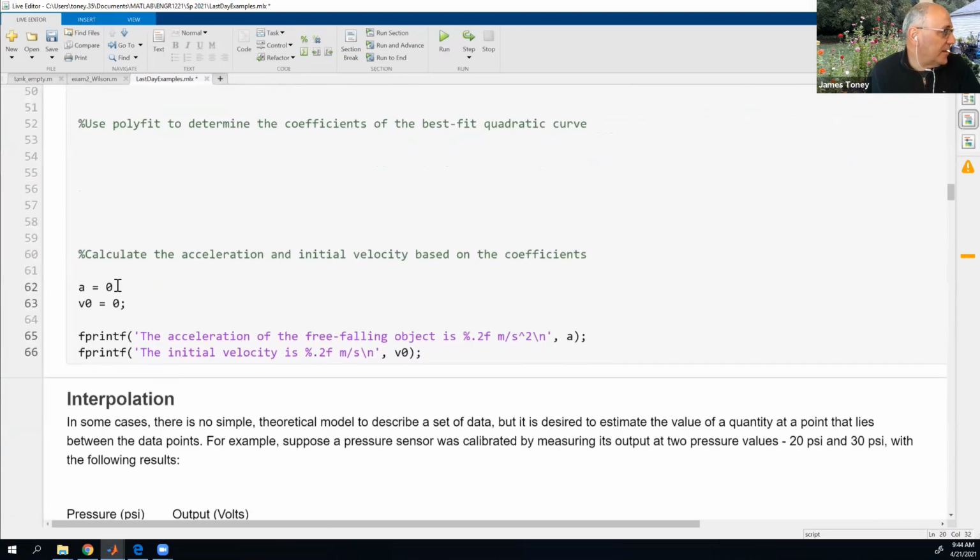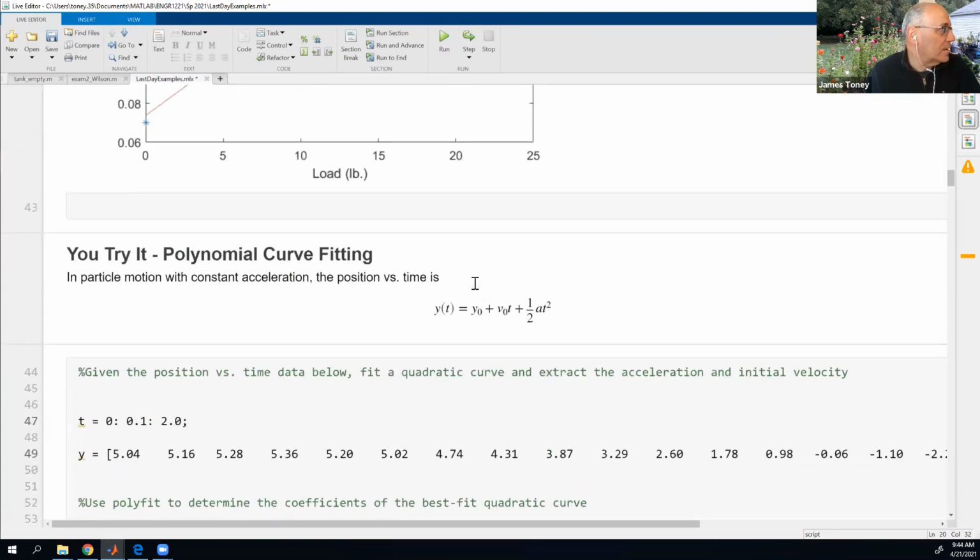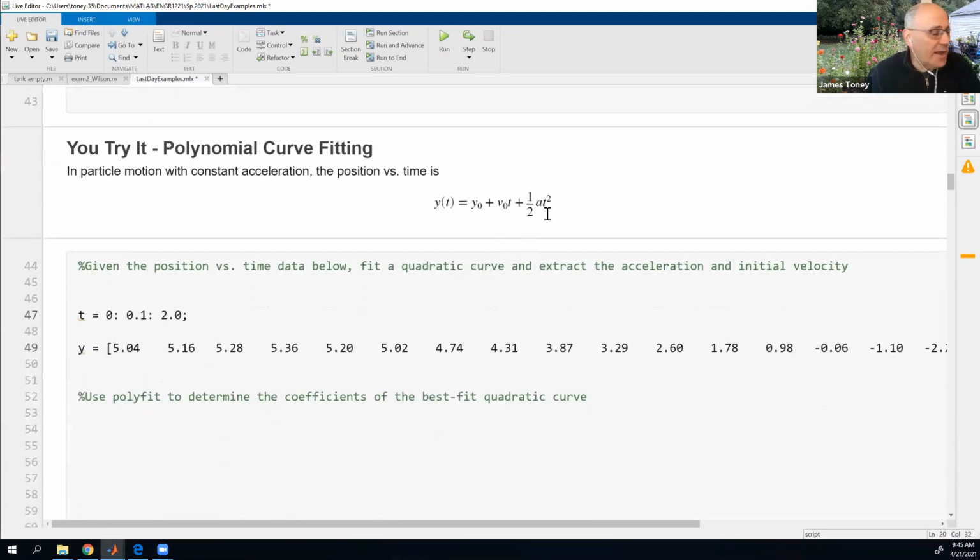And then it asks you to get the acceleration and the initial velocity. So keep in mind, you got the coefficients of this equation, and those coefficients are going to be in the opposite order they're shown here because it goes in decreasing order of the polynomial term.